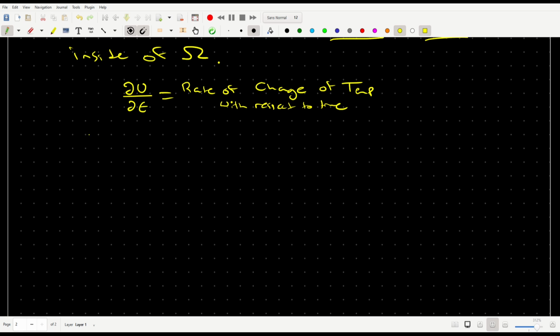They are given by a variety of notations, but typically rho of r, so rho of position, and possibly also of time, but we're going to consider a mass density that doesn't change with time, so rho of r. This is the mass density at every point. And the specific heat, mu of r.